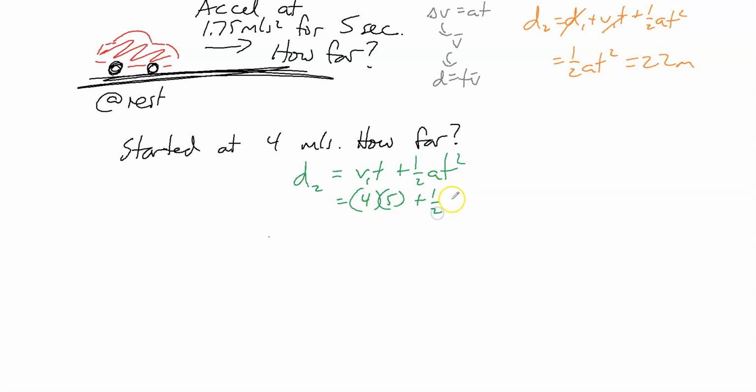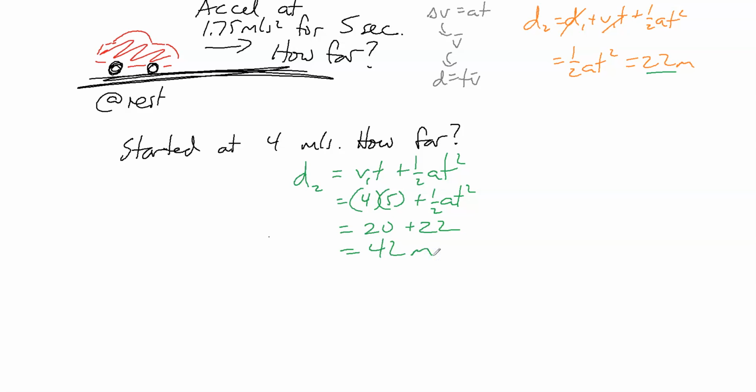Then I'll do the 1/2 AT squared all over again. It's still the same acceleration, it's still the same time, it's still going to give me that 22. So then my total distance would be 42 meters.